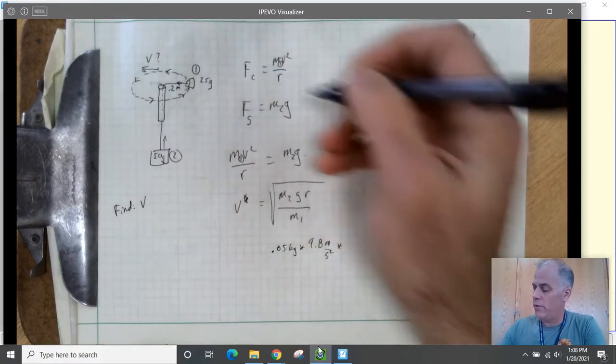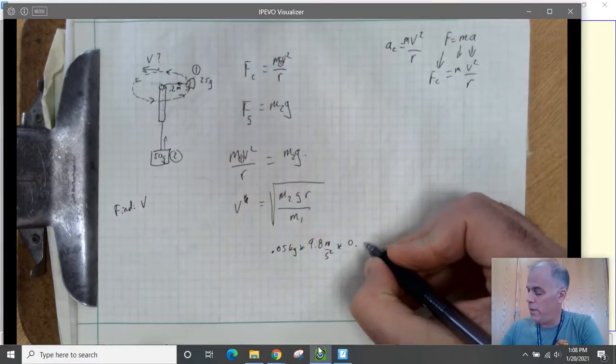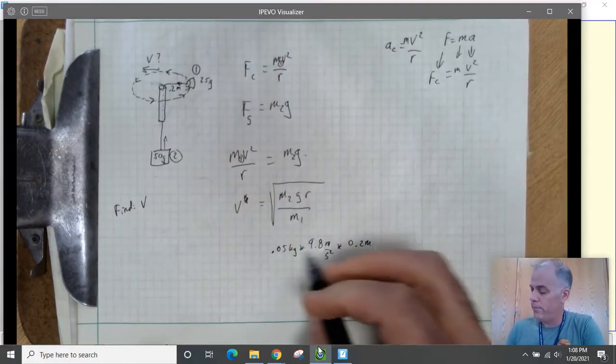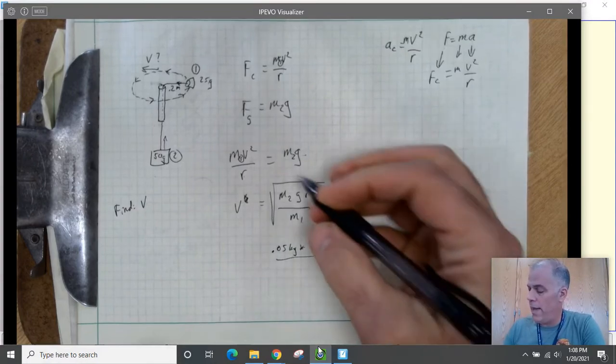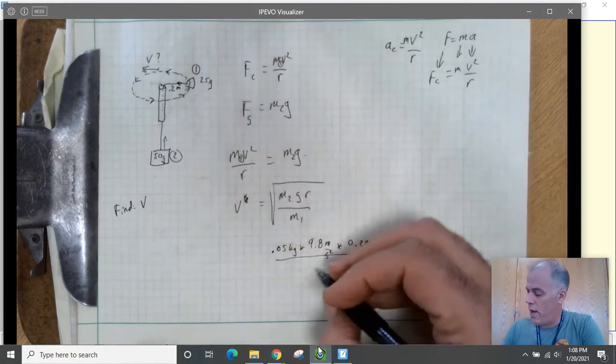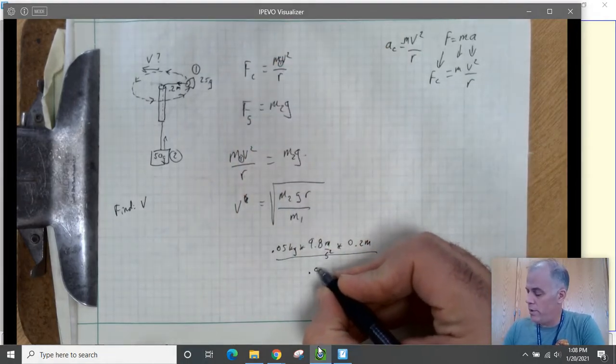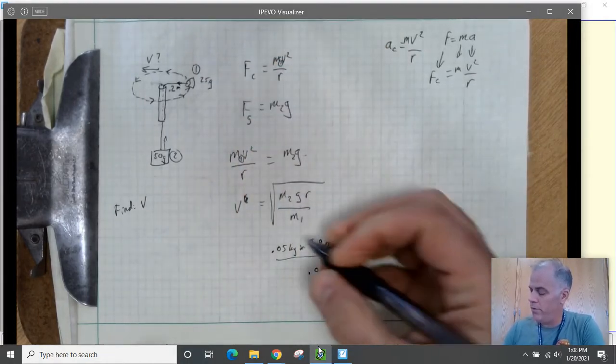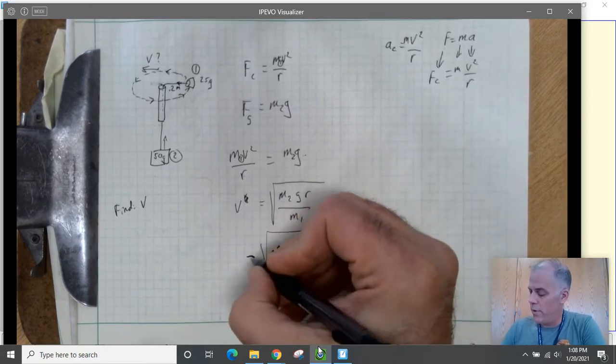R is the radius of the rotation, which is 0.2 meters. We're going to divide all that by the mass of the stopper, which is 0.025 kilograms, and we're going to take the square root of it.